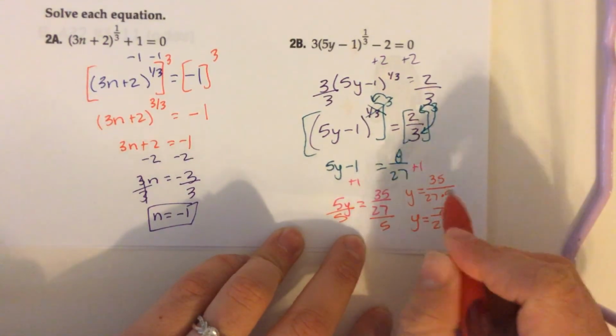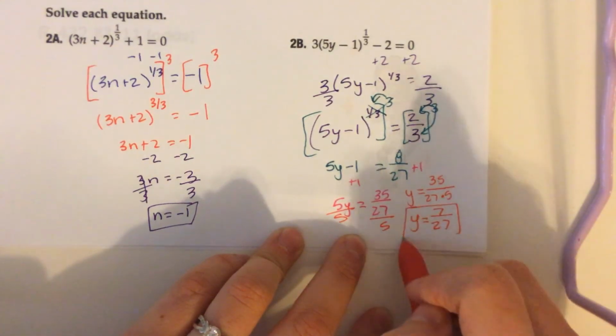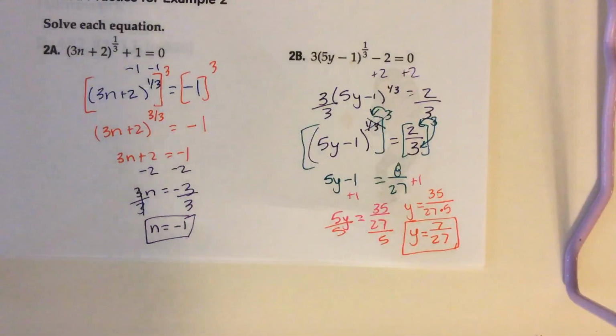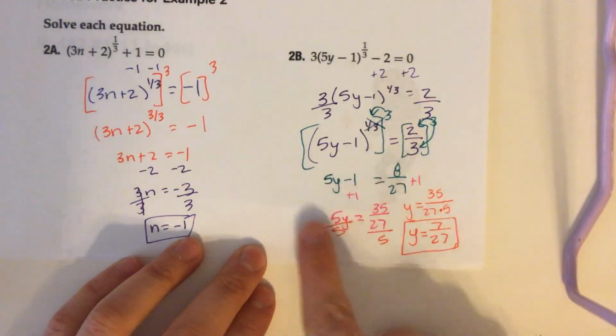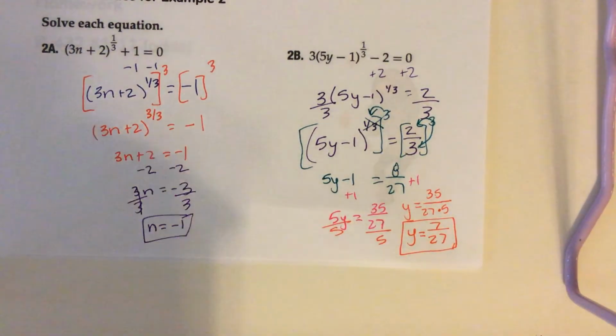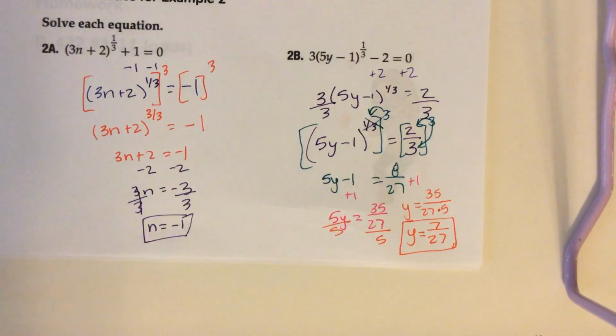So I can kind of cancel some stuff out there to get that my final answer is 7 over 27. And if I were to plug that in and check it, it would give me what I needed. Again, if I confused you with my mental math with this fraction, go ahead and use your calculator, write it out, do what you need to do, but you should get 7 over 27 as your answer.